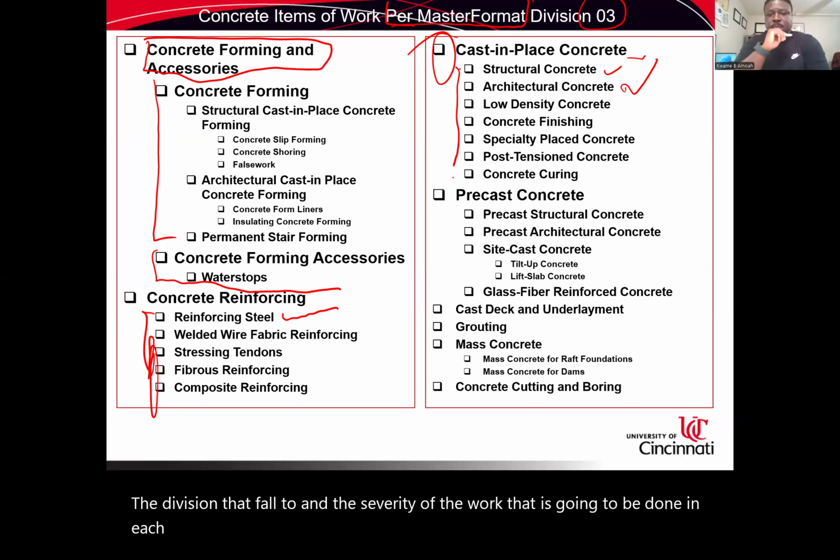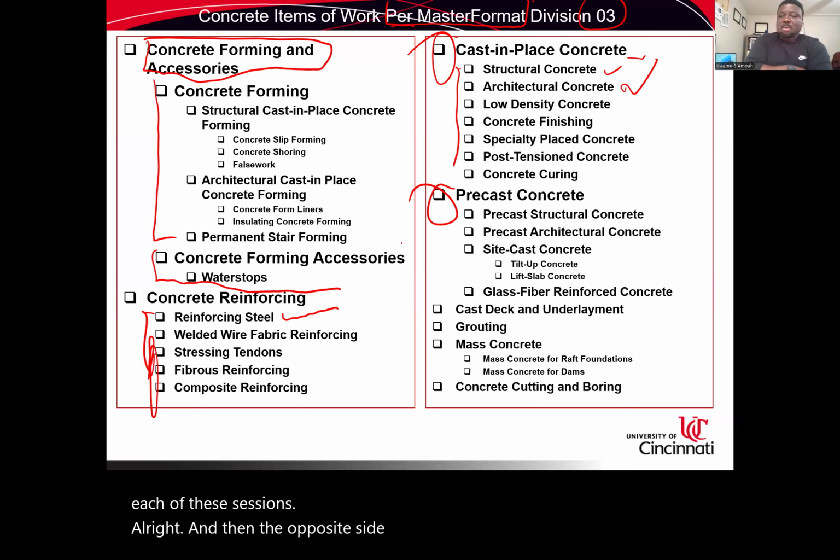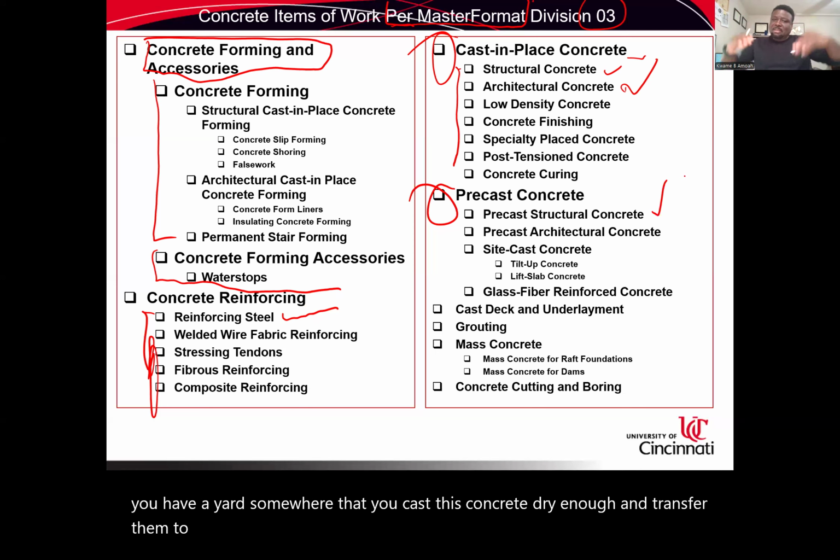All right. And then the opposite side of it will be your precast concrete, where you have a yard somewhere that you cast this concrete, let it dry enough, and transfer it to the job site and place it, right? So you can have architectural concrete that is precast.